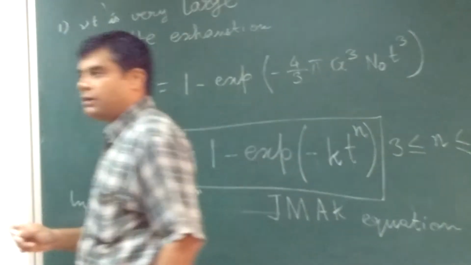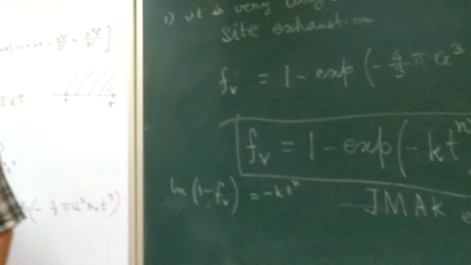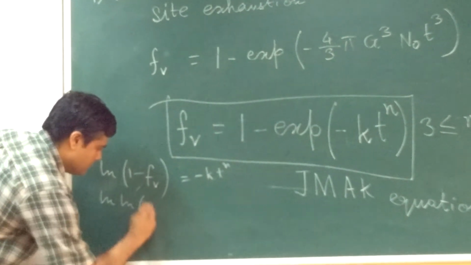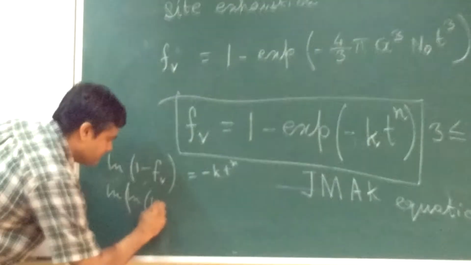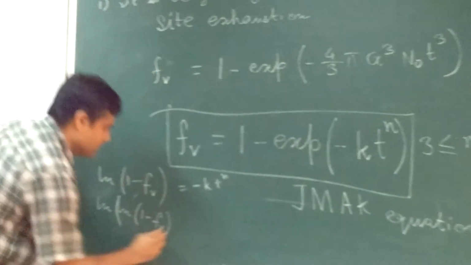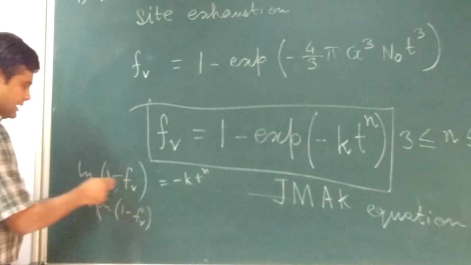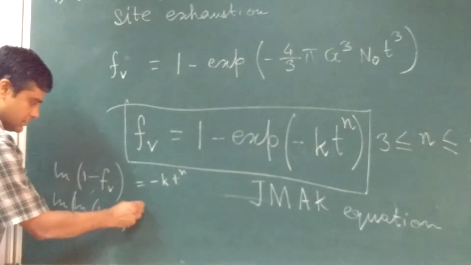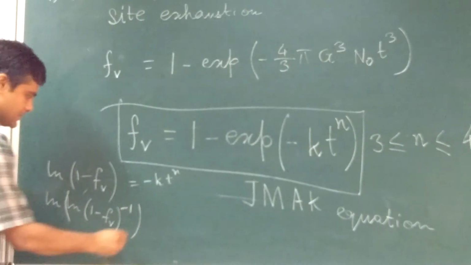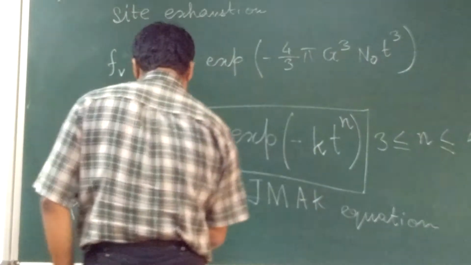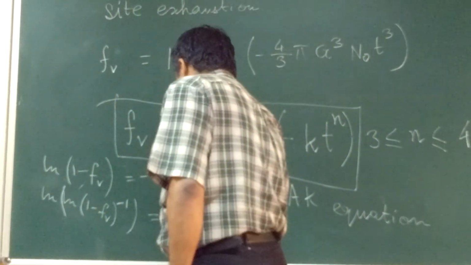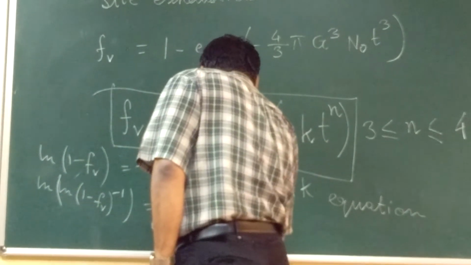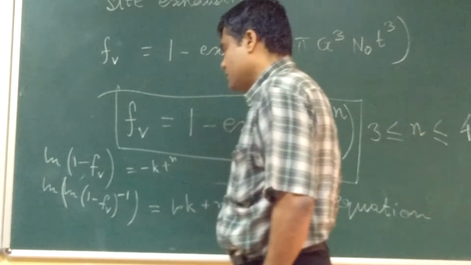Then what will you draw? A double log. So you will take another log, ln of minus ln 1 minus Fv, or you take ln of ln 1 over 1 minus Fv, equal to ln k plus n ln t.